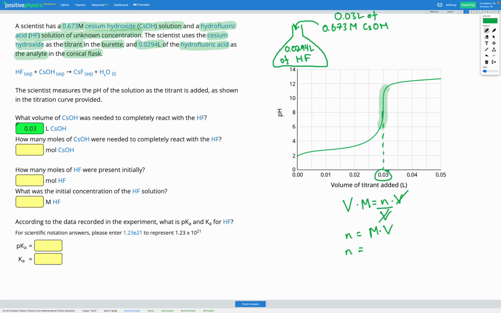Our molarity was given in the question as 0.673, multiplied by our volume, which we just found was 0.03 from our graph. That gets us the number of moles of 0.0202 moles of cesium hydroxide. So let's go ahead and fill that in.